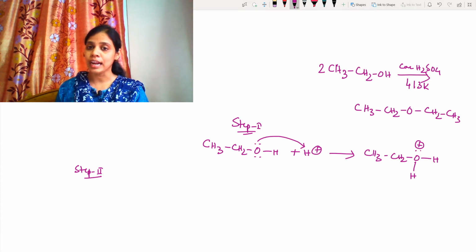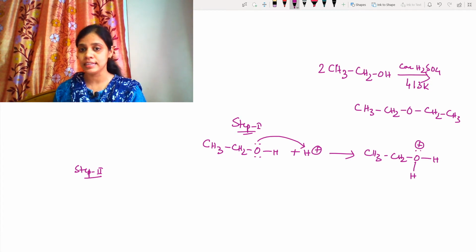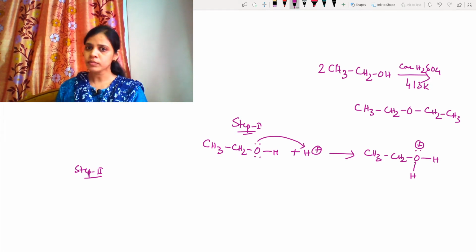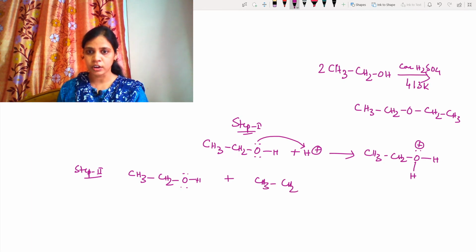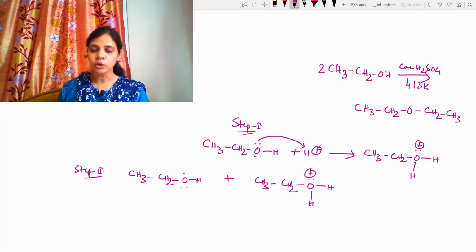So the remaining alcohol has a nucleophilic center also in the oxygen of the OH bond. So here if I take the alcohol and when it reacts with this protonated alcohol, the lone pair of this alcohol attacks the carbon of the protonated alcohol.